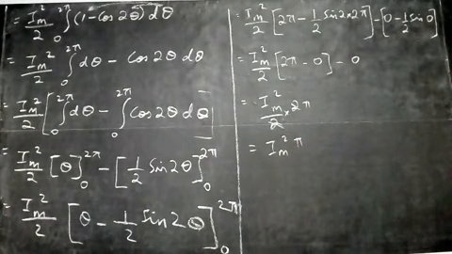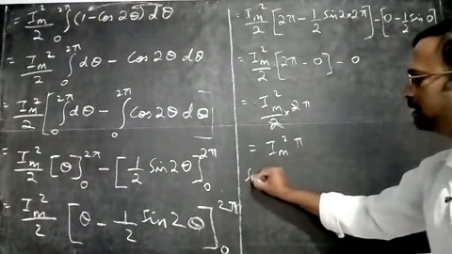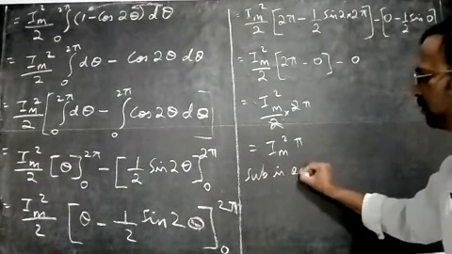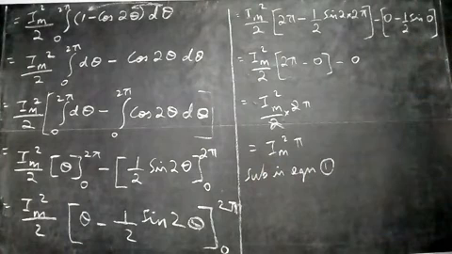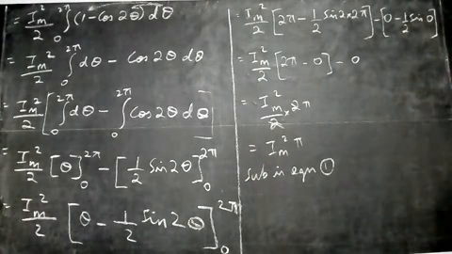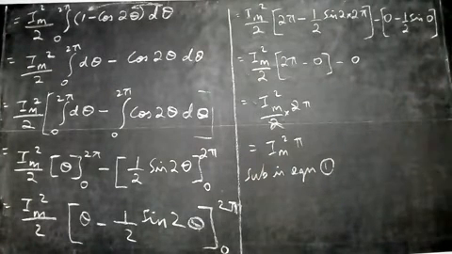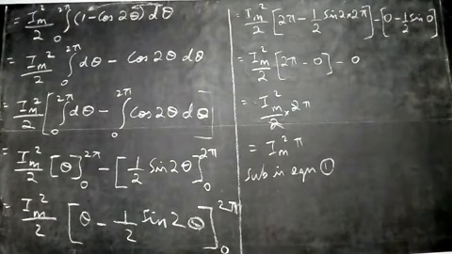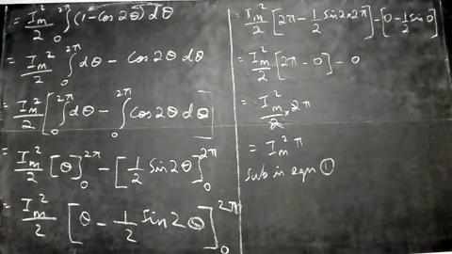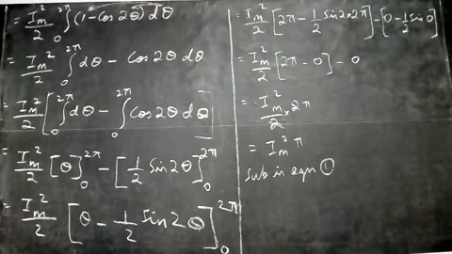Let's substitute in equation 1 for the area. Remember the rule: Irms is equal to the root of the area of one cycle of the squared wave divided by the base length of one cycle.